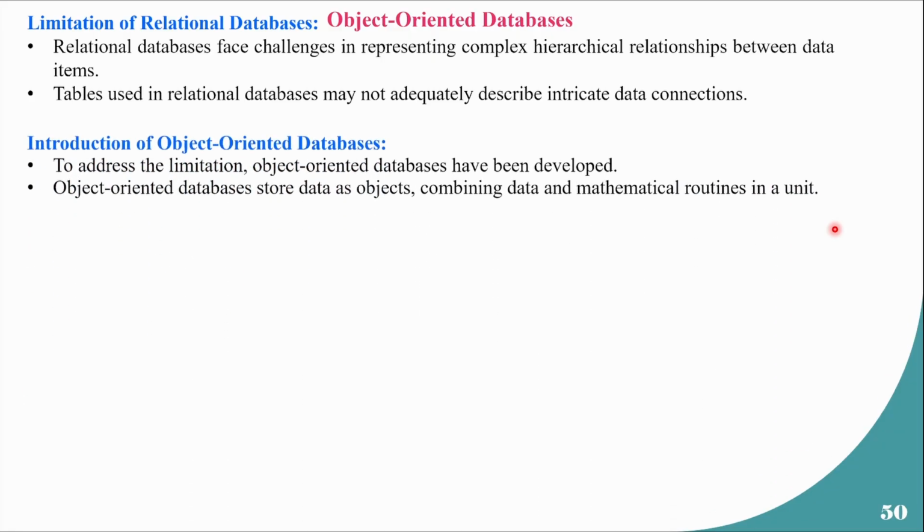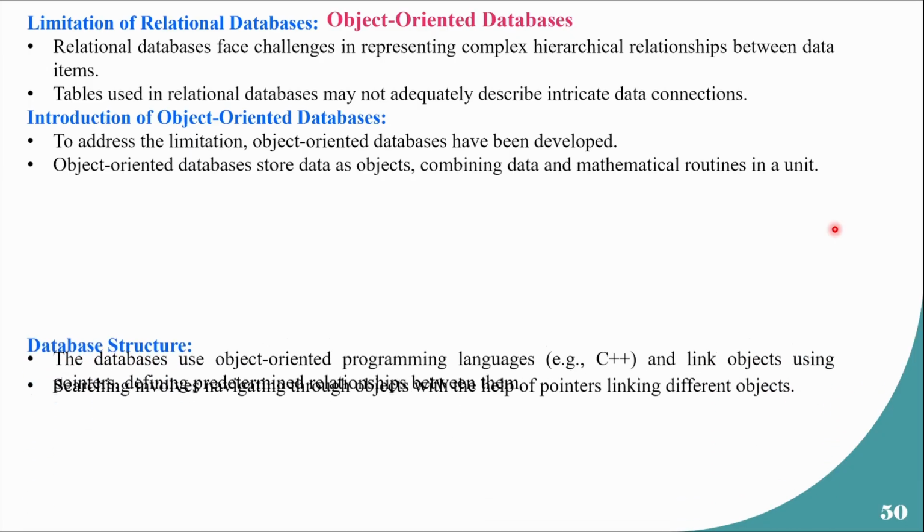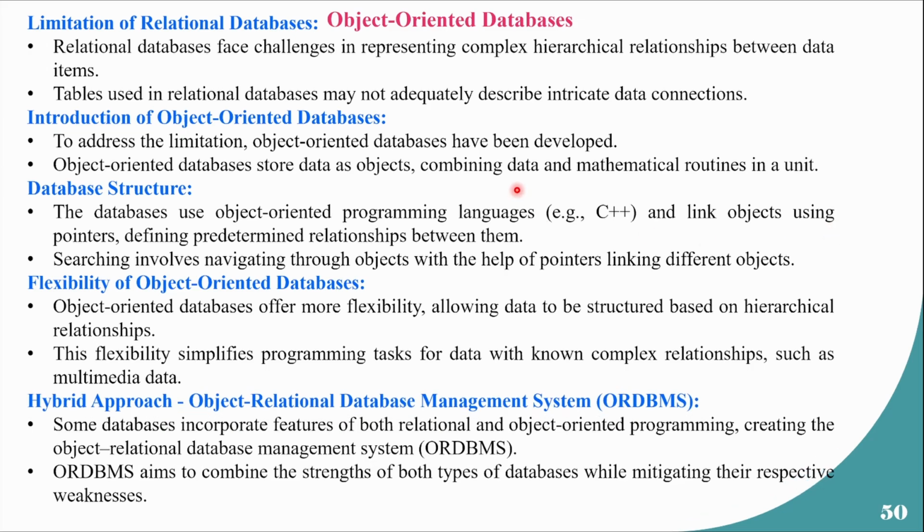We have object-oriented databases, because relational databases cannot represent hierarchical relationships in a good way. That is why object-oriented databases were created. They use object-oriented languages such as C++ and link objects using something called pointers, right? These pointers point one object to another.